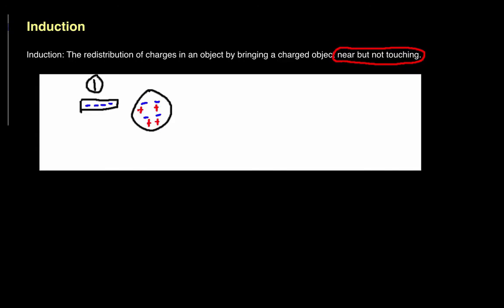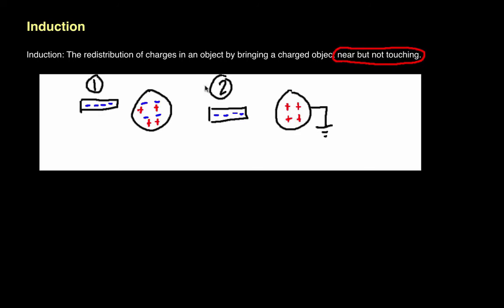In the second stage, you ground the conductor, leaving the negatively charged rod near it. As a result of the rod being near and the grounding, the electrons are able to move into the ground. So the electrons in the sphere don't want to be anywhere near the negatively charged rod, so they flow into the grounding source and out of the sphere.